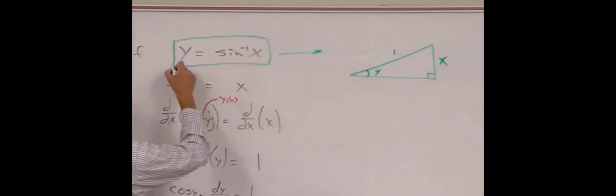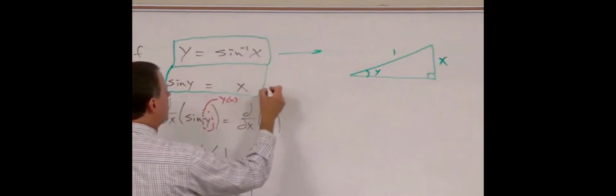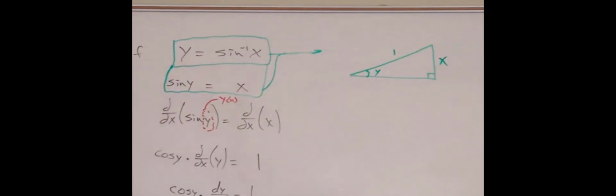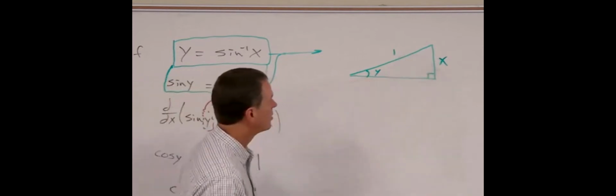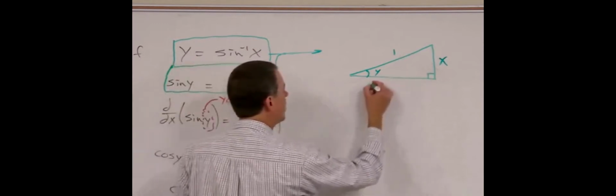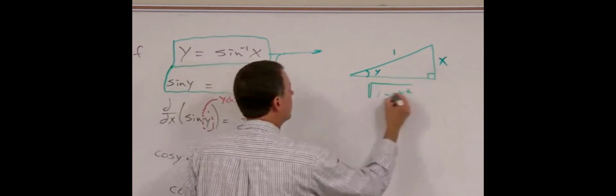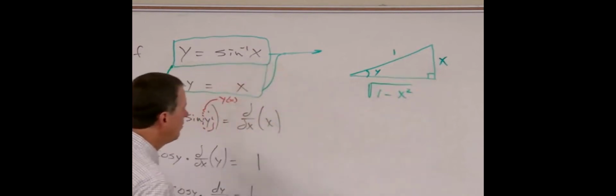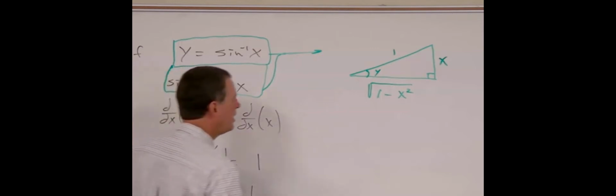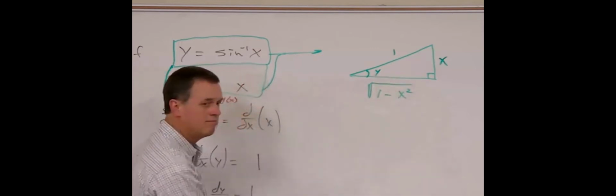These two pieces of information are the same thing. They give me that right triangle. Does everyone understand that right triangle? Sine of angle y is equal to x. That means this adjacent side is the square root of 1 minus x squared, by Pythagorean theorem. So now I can bring this back down here.